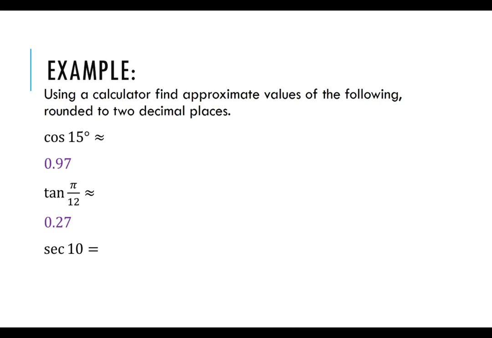Now we want to approximate the secant of 10. But this is problematic because if you notice, there is no secant button on your calculator. None of the reciprocal functions are on your calculator, but they are reciprocal functions. Just to call attention to it, cosecant of theta is the same thing as 1 over sine of theta. Secant of theta is the same thing as 1 over cosine of theta.